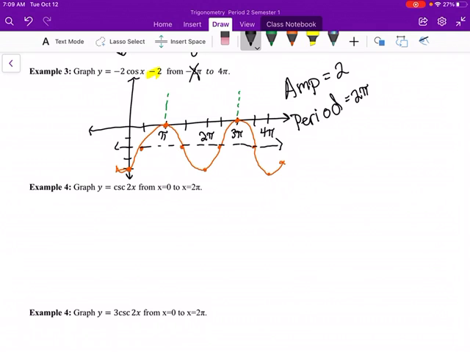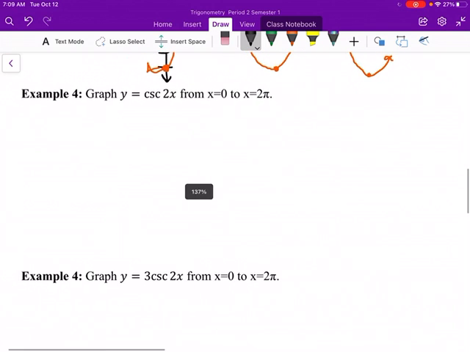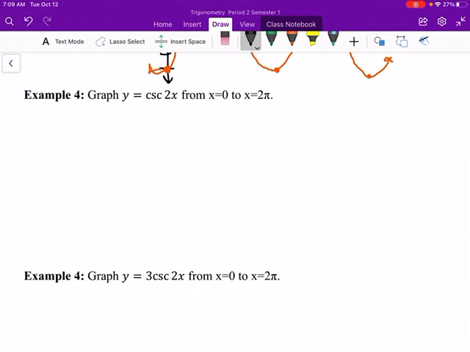All right. The next thing, we are going to practice doing y equals the cosecant of 2x from 0 to 2 pi. So for this one, we can still find our period the same way that we found our period of our sine function. So our period, if you remember from yesterday, is 2 pi over our b value, and b is the value that goes in front of x.